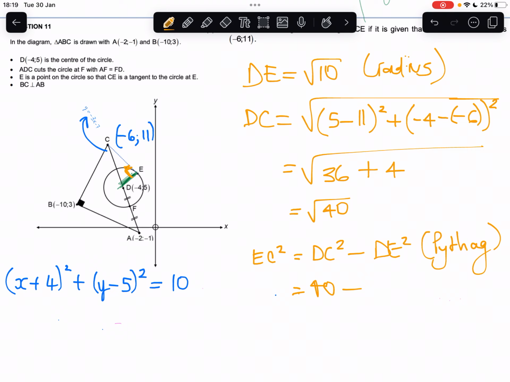And then DE squared is root 10 times root 10, which is just 10. And that becomes 30. And therefore, EC is the square root of 30. So it's going to be square root 30 units long, which is indeed the answer on the memo.